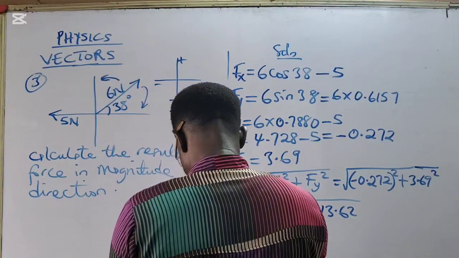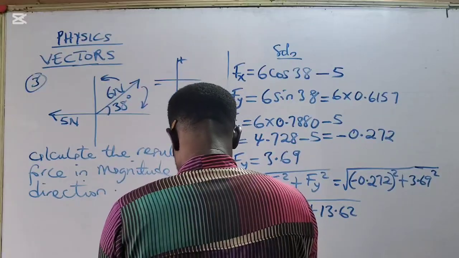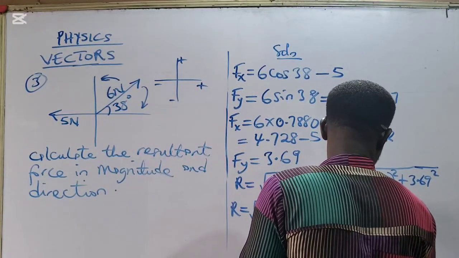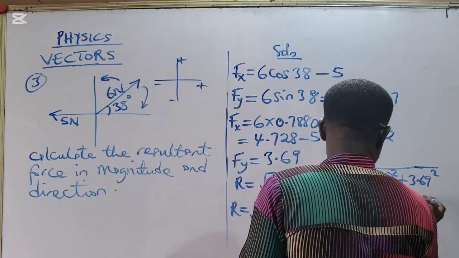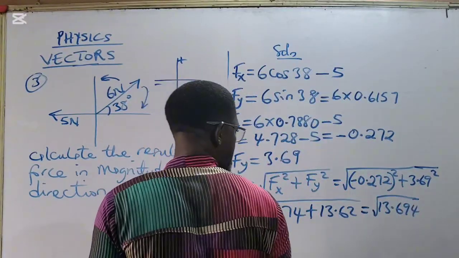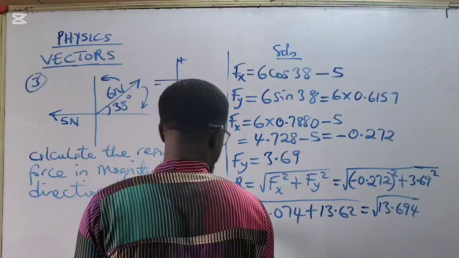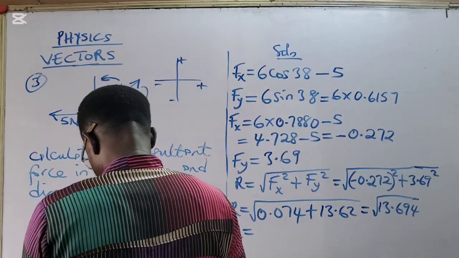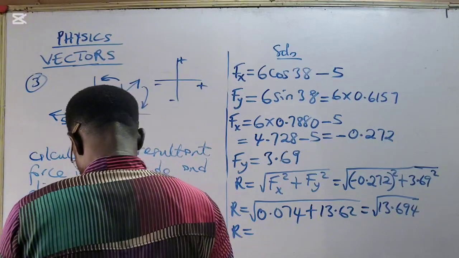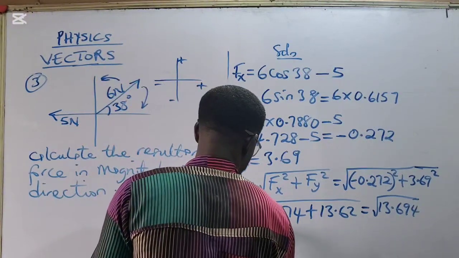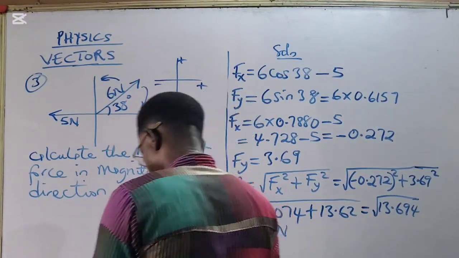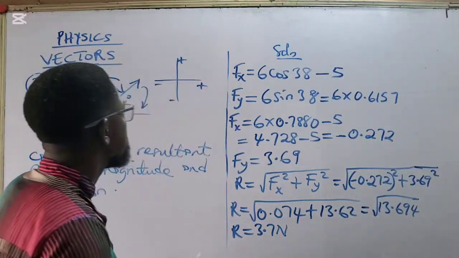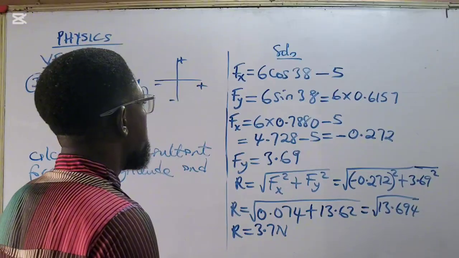When you add up, you get 13.694. I'll get R as the square root, and the value is 3.7 newtons. That's the resultant. The next thing is for us to get the direction.